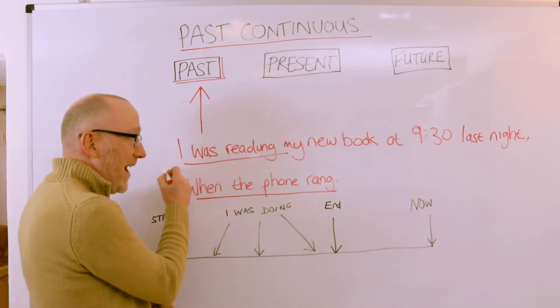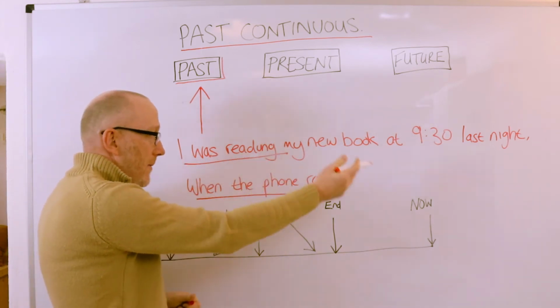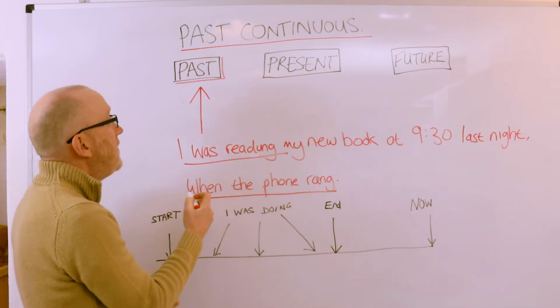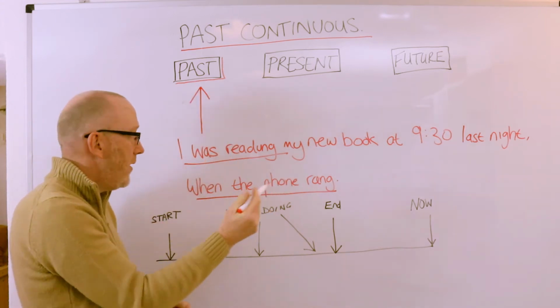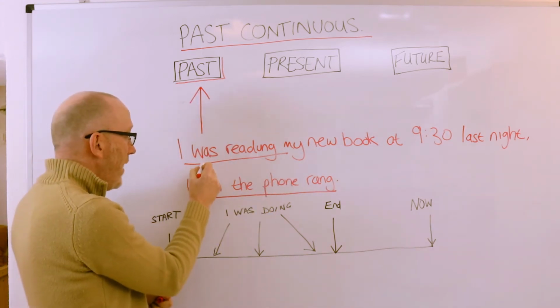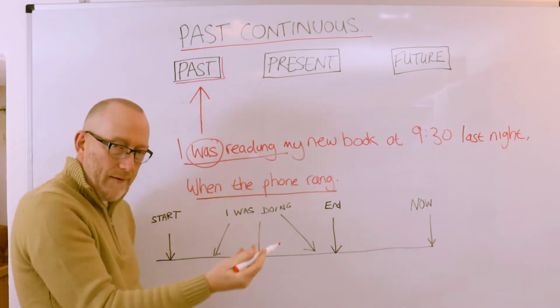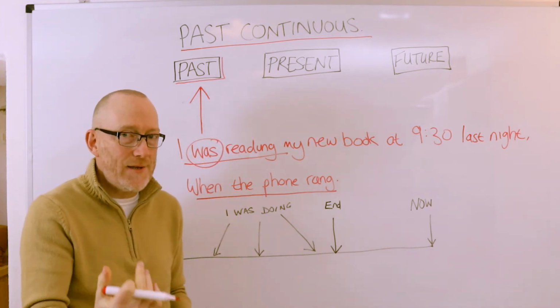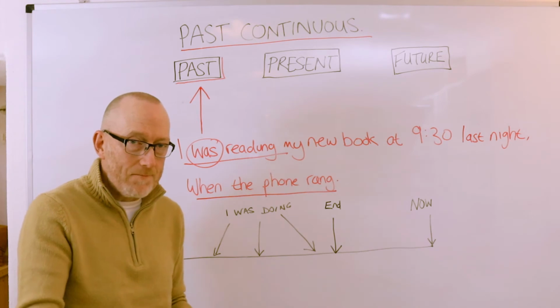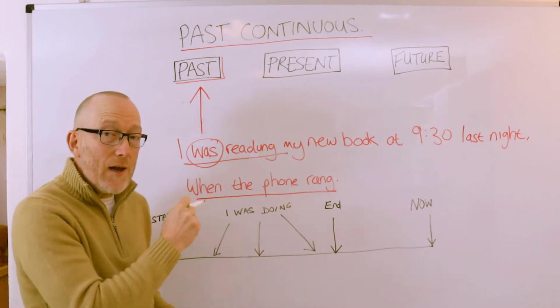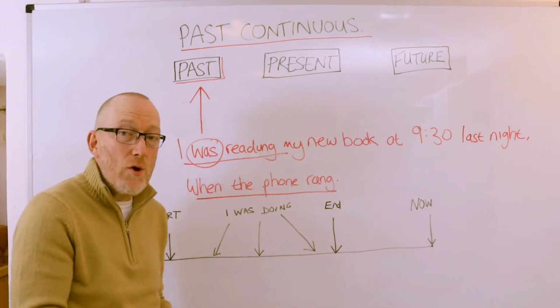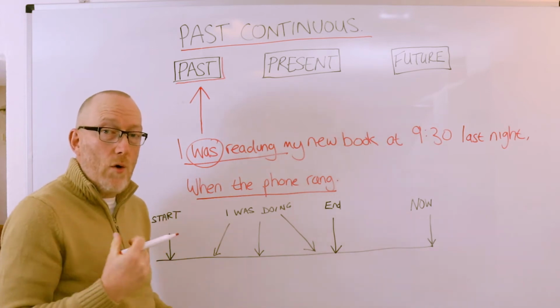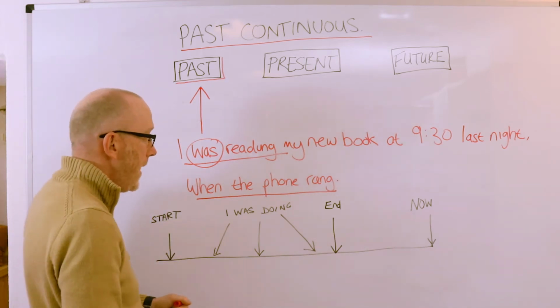So the first action that you are describing, I was reading my new book, is always going to be in the past continuous. So here we have was, which is the past form of the verb be. This is in the singular form. In the plural form, it would be were. I was or we were. Yeah?